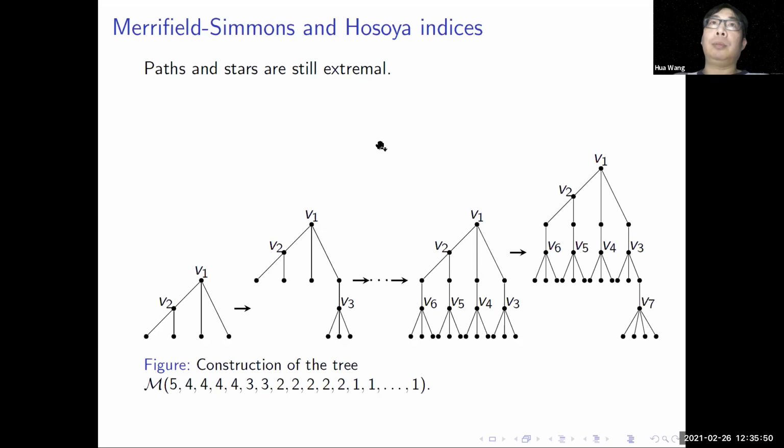What happened here is that you had the largest degree here, attach the smallest degree, and then attach the largest degree and the smallest degree again, again, again. To me, that's how this structure is formed.